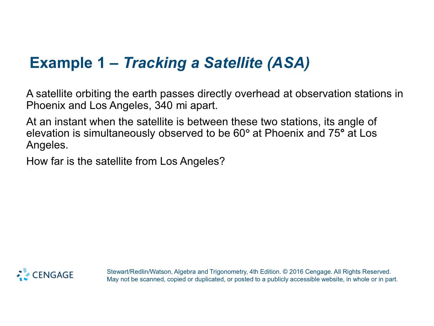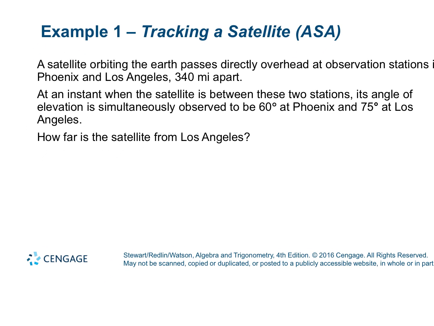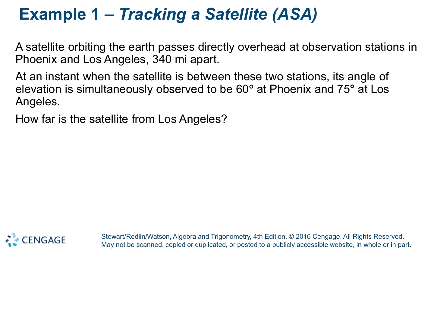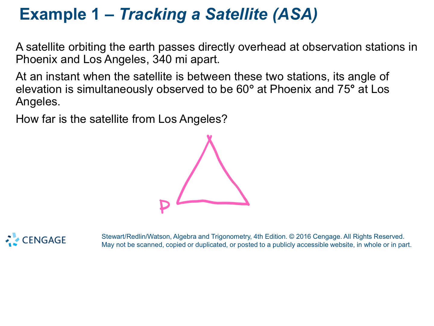All right, we're going to do example 1. It's a word problem here, but we're going to draw our triangle. It says a satellite orbiting the Earth passes directly overhead at an observation station in Phoenix and Los Angeles, 340 miles apart. So I'm going to draw my triangle. We have Phoenix and Los Angeles that are 340 miles apart.